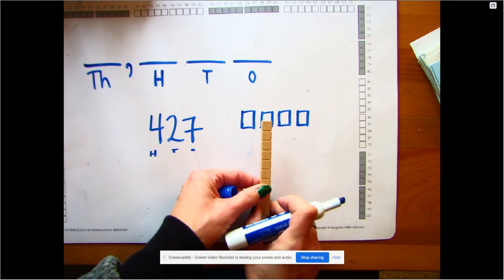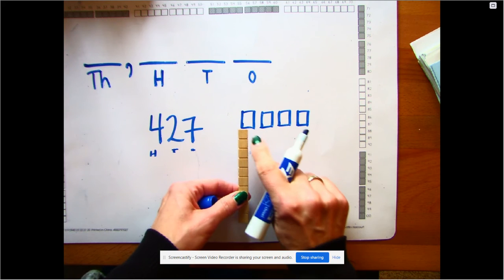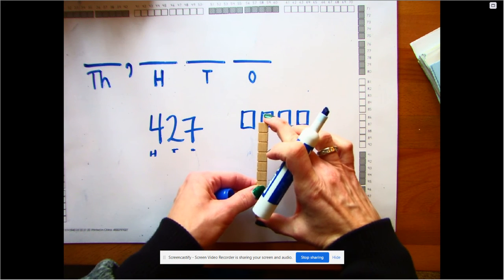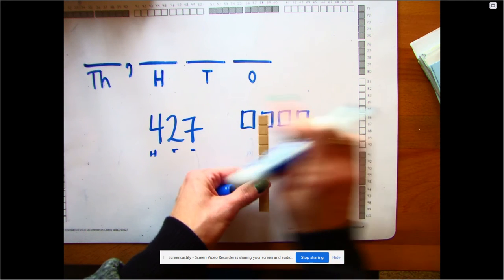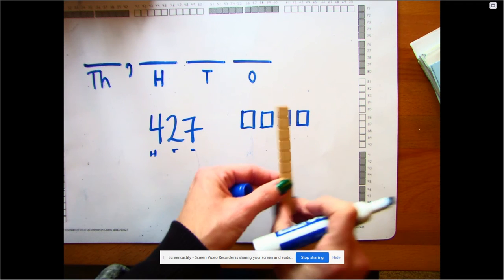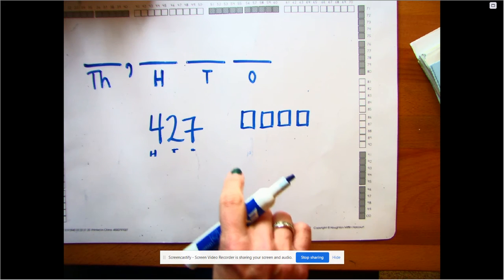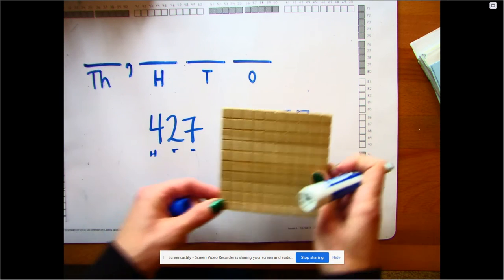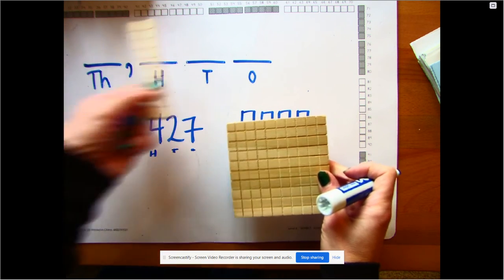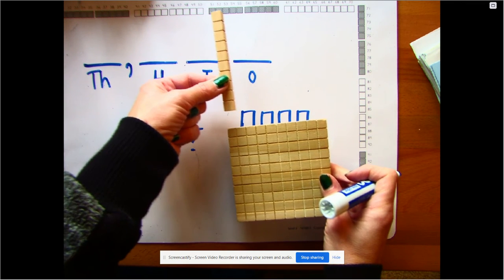If they were to count by 10 times, that would equal 100. So once we have 10 sticks, we can put a square around them, and we can kind of trade in all of these 10 sticks for one big flat piece that looks like this. So here's 100. It's the same thing as having 10 of these 10 sticks.